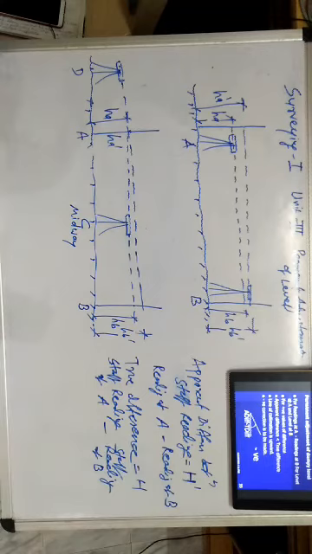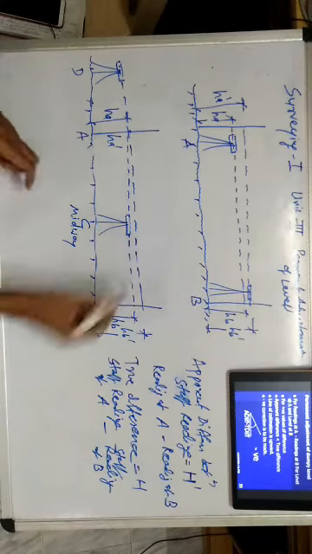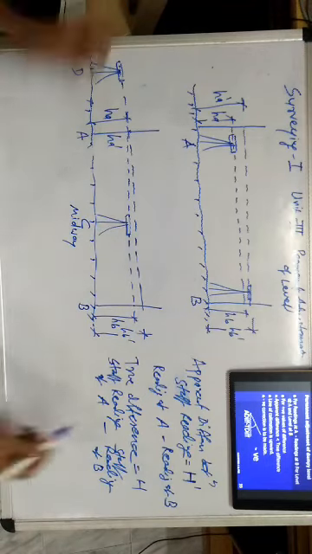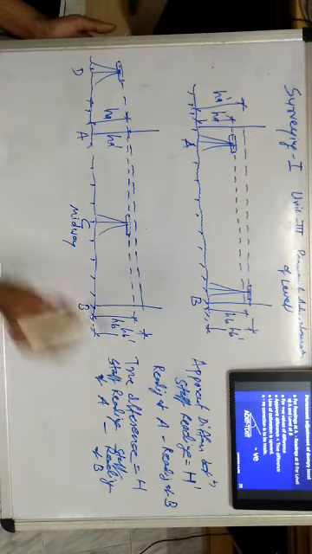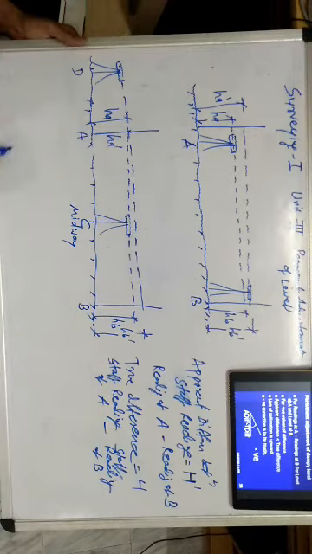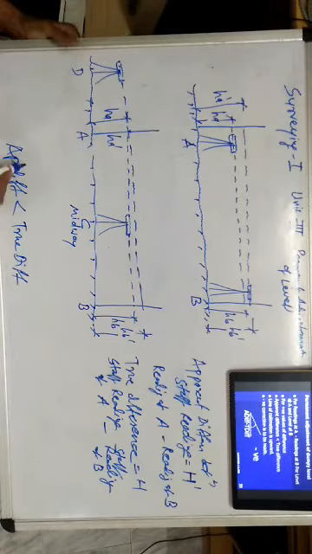Now from this we understand that we can calculate the apparent difference H dash and the true difference H. Now to ascertain whether the line of collimation is exactly horizontal or not, we have to remember this formula given here. If the apparent difference is less than the true difference, we can draw it like this: the line of collimation is upward.